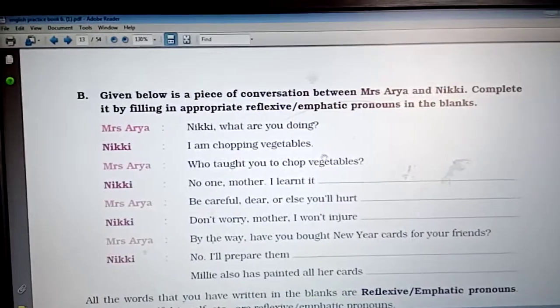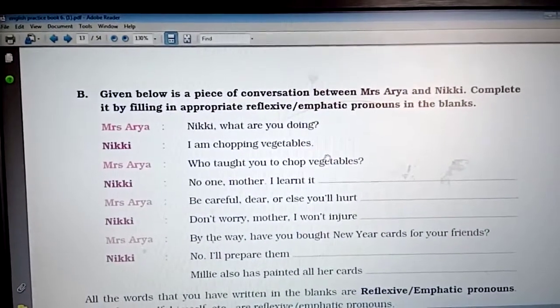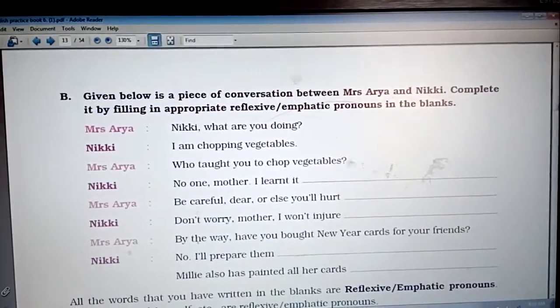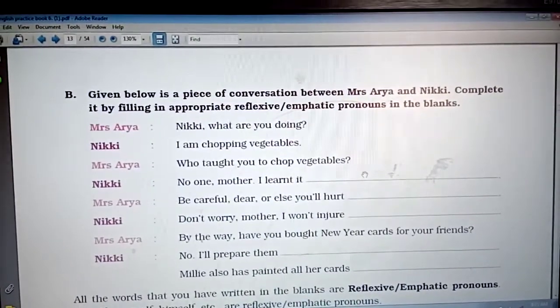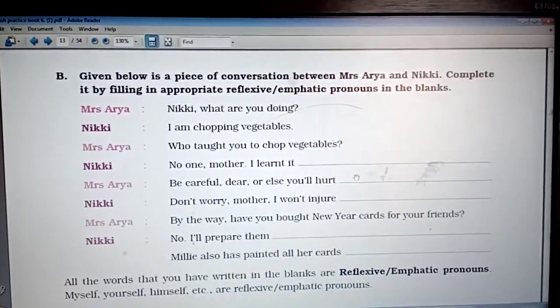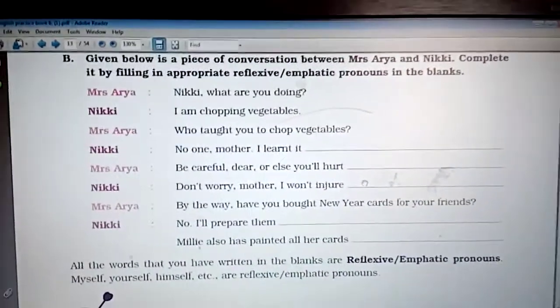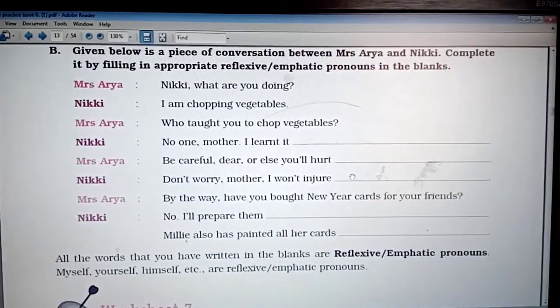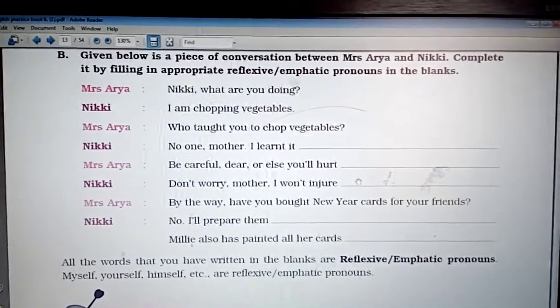This is the time to understand it with the worksheet given in your book. I will relate all the emphatic and reflexive pronouns with your worksheet. You will see it very carefully and attentively. I hope you will be able to understand the lesson very well.